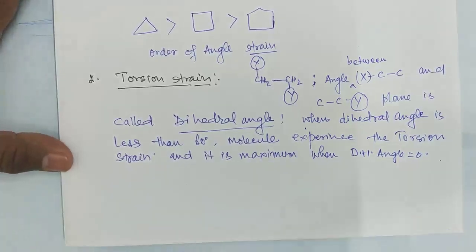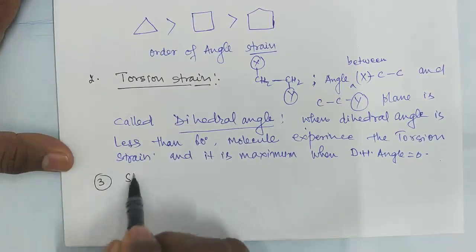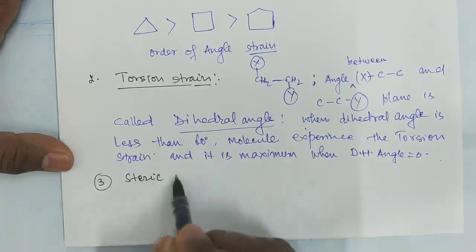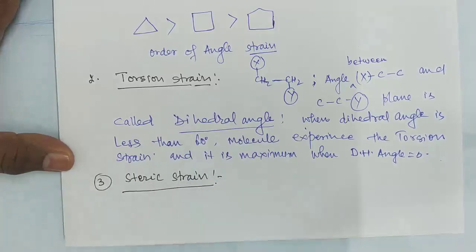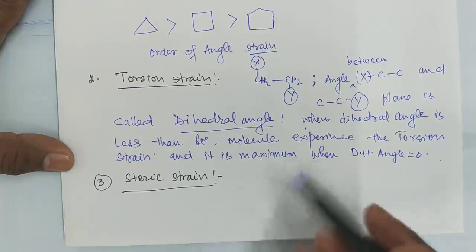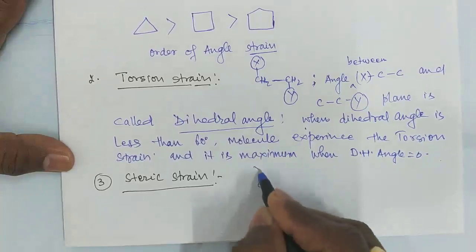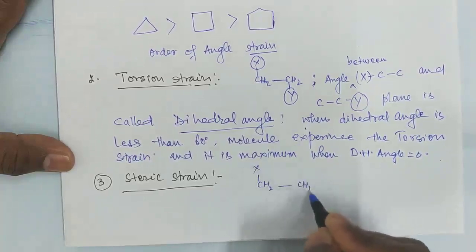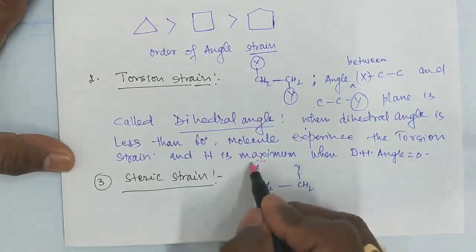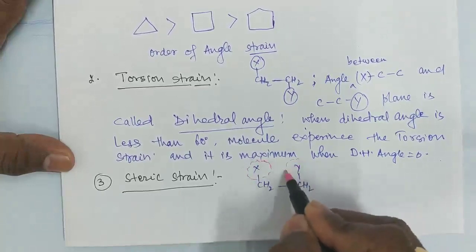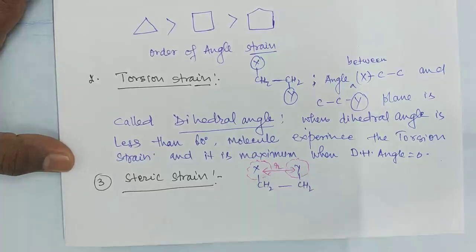The third one is steric strain. Basically, it depends on the size of the substituents which are present. Suppose that I have taken the same example, CH2X and CH2Y. These two have their own van der Waals radii. Let the distance between these two be r.